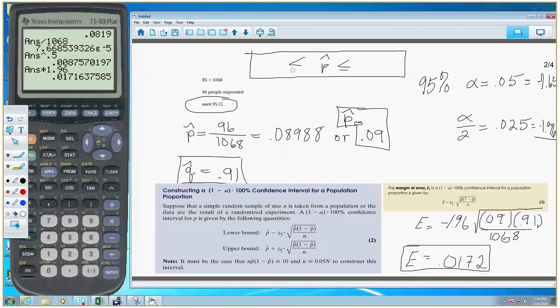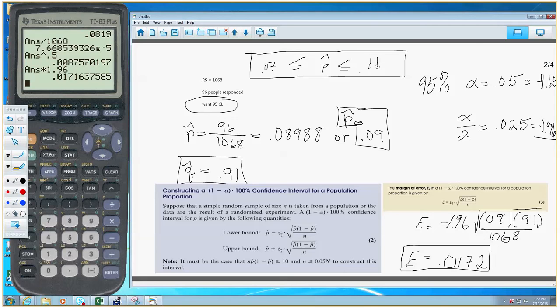Here's my confidence interval. What is 0.09 minus 0.02? What's 9 cents minus 2 cents? So 0.07. And what's 0.09 plus 0.02? 0.11.